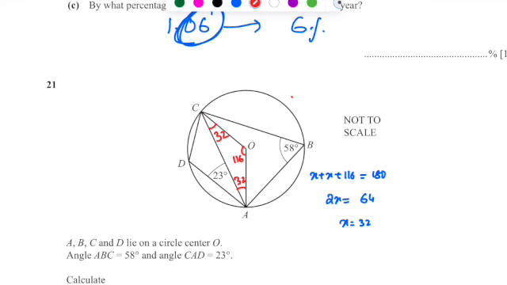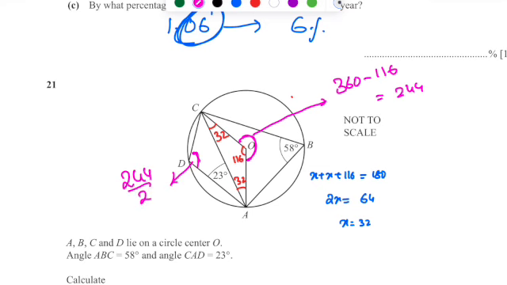Now we know that this angle is 360 minus 116. So which is going to be nothing but how much? 244. Its half will be over here. So this angle will be 244 divided by 2, which is 122. This particular angle is 122.